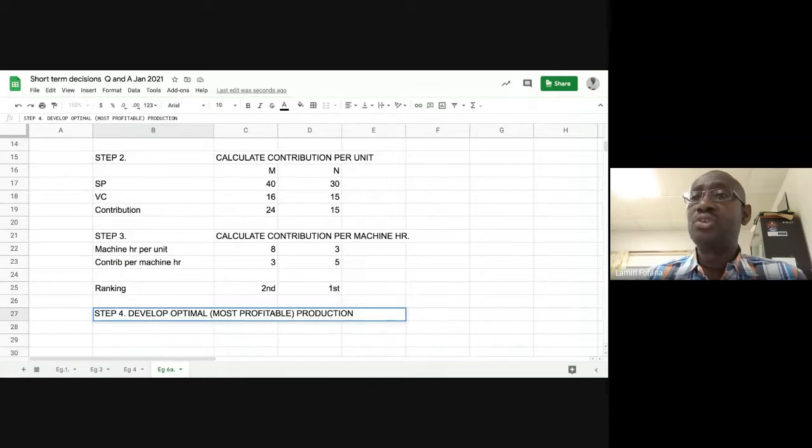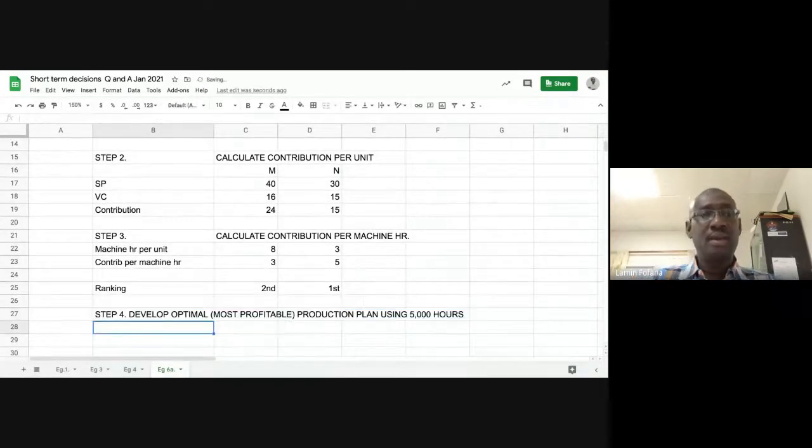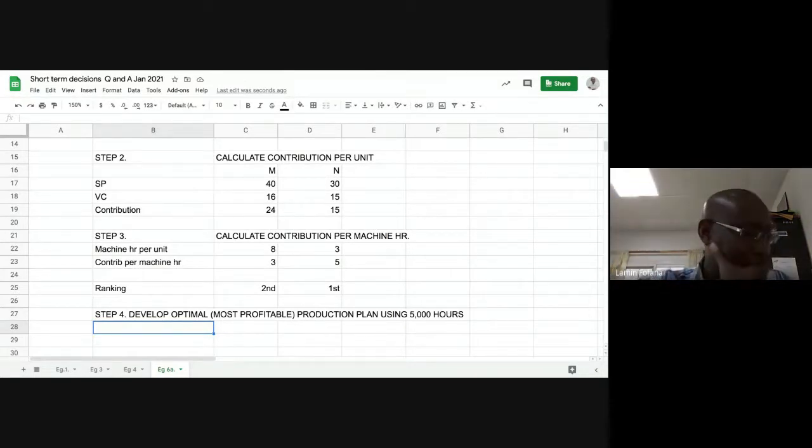If you're not doing that, it's okay because I will still share these files with you. What is important is you need to understand how we calculate each of them. Very important. So step 4, we develop the most profitable production plan using our available hours, using 5,000 hours.